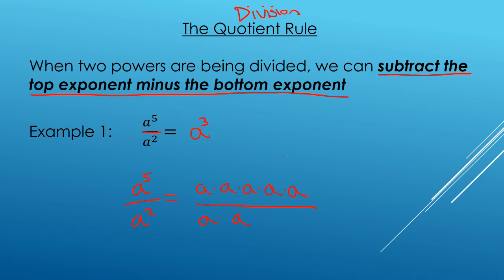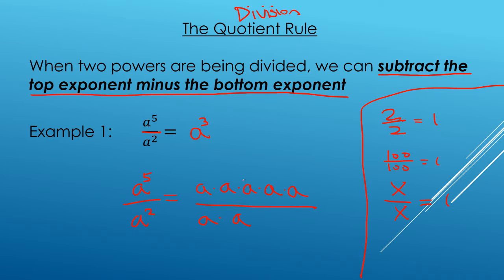Now remember, another rule from early in your math career is that any number divided by itself is equal to 1. So examples. 2 divided by 2, that's 1. 100 divided by 100 is also 1. Anything divided by itself. So any number, x divided by itself is 1.